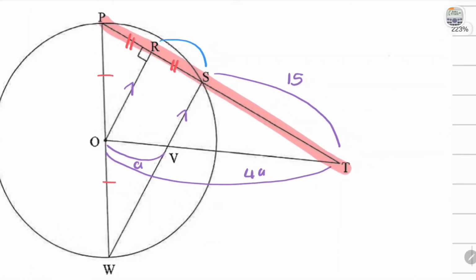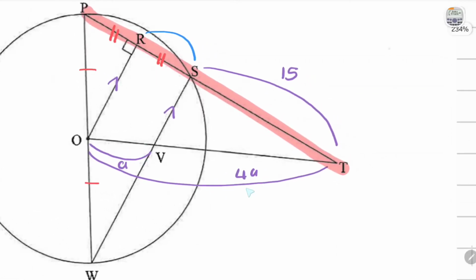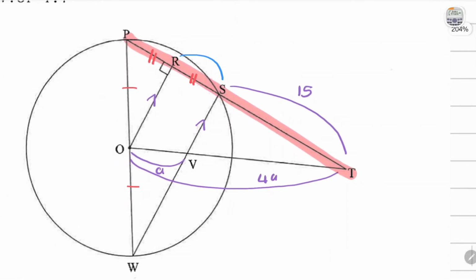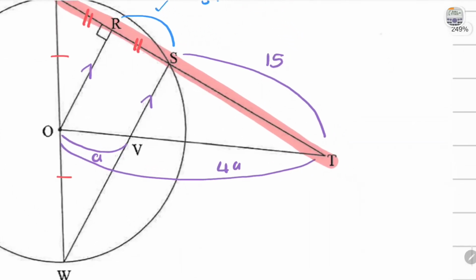Okay, so let's go. Because we've already put these down, it makes it much easier. So focus on finding RS. We're going to say RS over ST, and using the proportionality theorem, this is going to be equal to OV over VT. Let's just get VT straight.